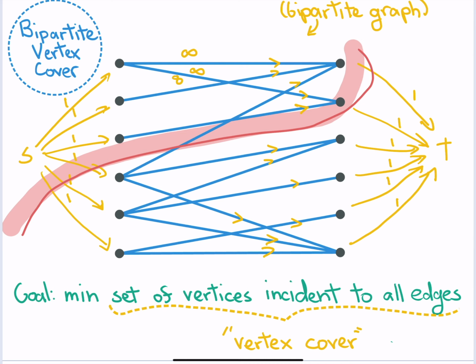Because the blue edges in the middle are infinite, the only edges that are cut are going to be some source edges and some sink edges, those with capacity 1. So let's look at those vertices that are cut. I'll circle them.